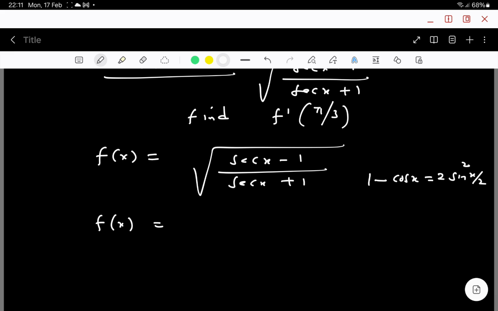Before doing differentiation and integrations, you must be thorough with all trigonometrical formulas. Again, 1 plus cos x is 2 cos square x by 2.